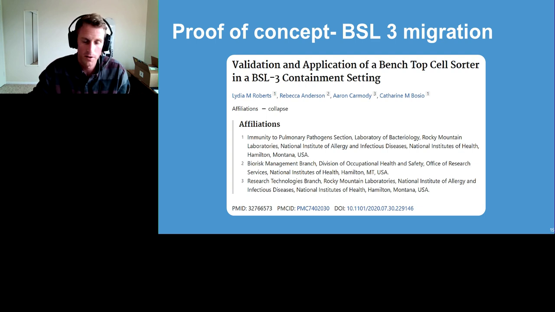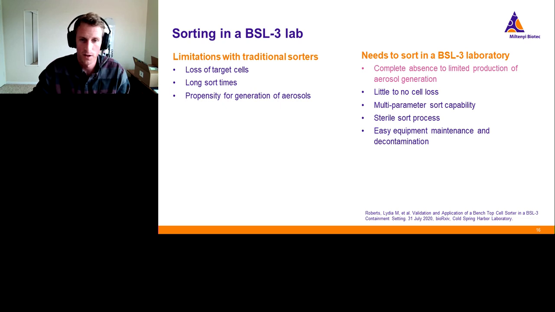This paper is quite simple from a science perspective, but it shows what the common problems are with cell sorting in this environment. I've already gone into a lot of detail there, but briefly I'll mention which ones they were particularly concerned about.